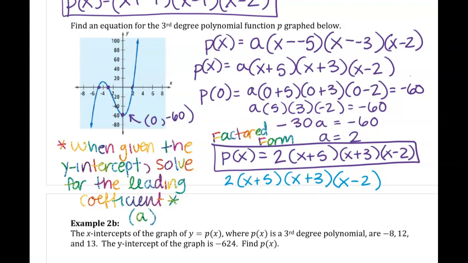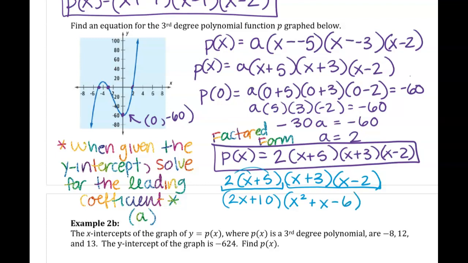So let's do 2 times x plus 5, which is 2x plus 10, times x plus 3 times x minus 2, which is x squared minus 2x plus 3x, so plus x minus 6.